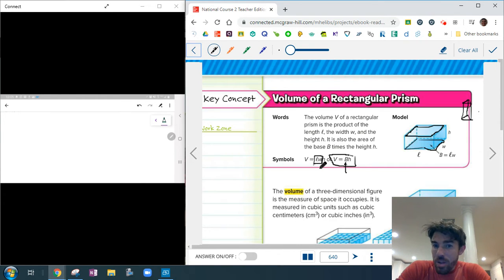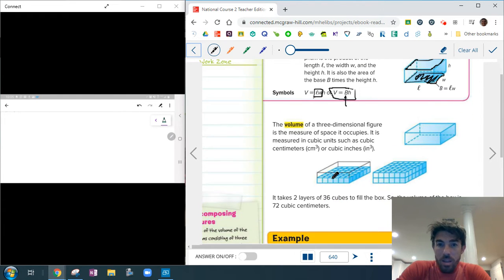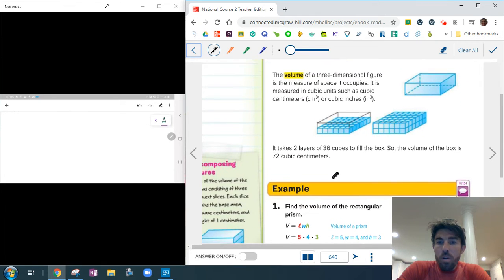That is the area formula for a rectangle. Why are we replacing it with the area formula of a rectangle? Because big B stands for the area of the base, and this base down here is a rectangle. So in this case, only for a rectangular prism, we can write the formula as volume equals length times width times height. Three dimensions to find the three-dimensional measurement of volume.